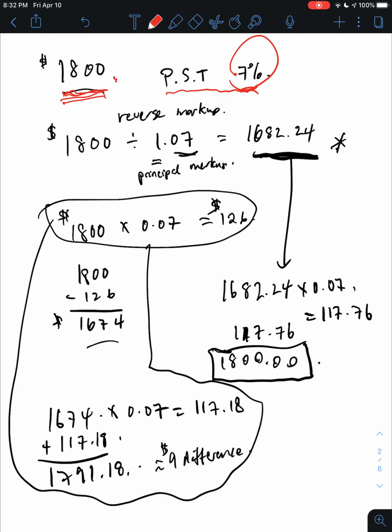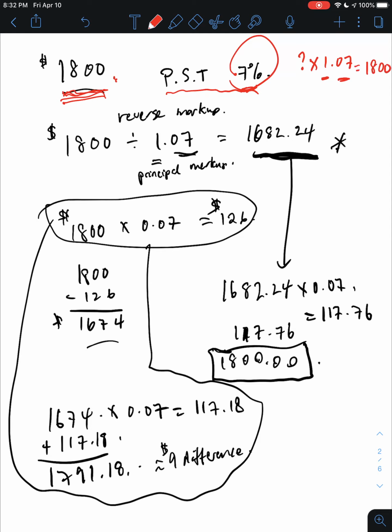Well, we have some mystery amount, and then we mark it up by 7%. That one is for the principal, and the 7% is the markup, and that should give me $1,800.